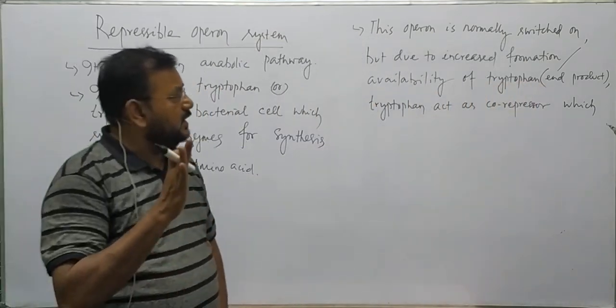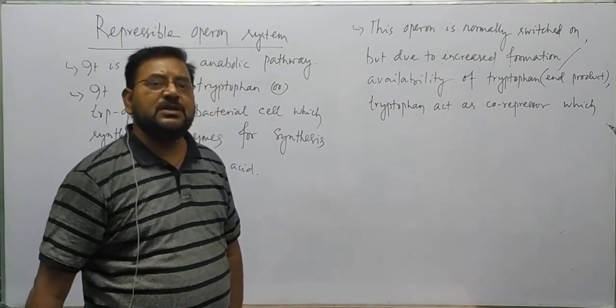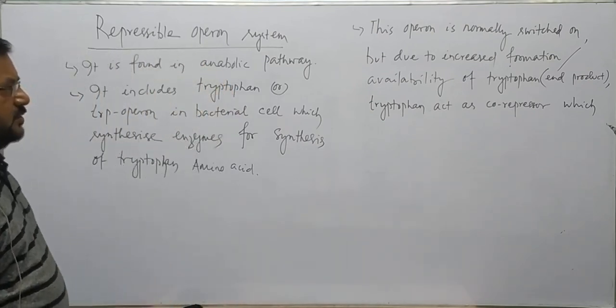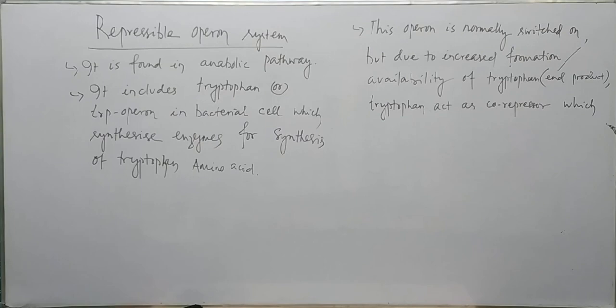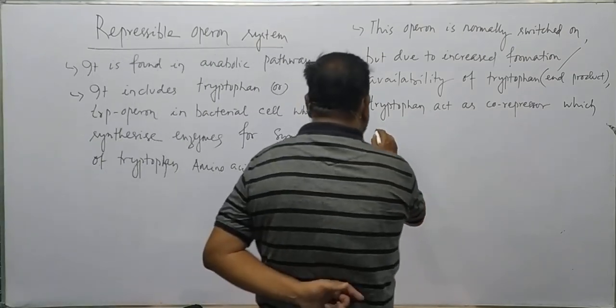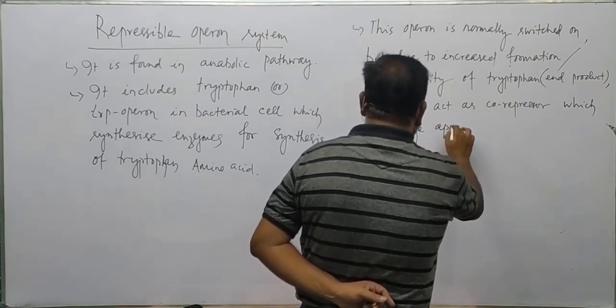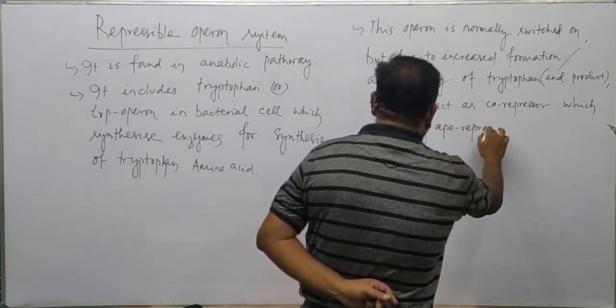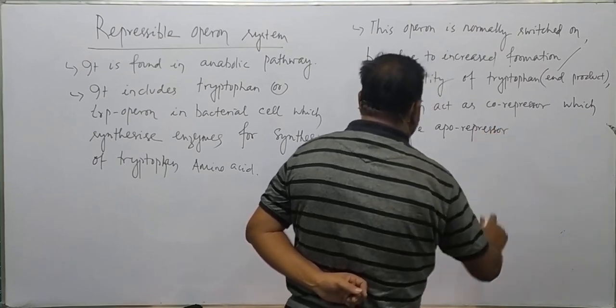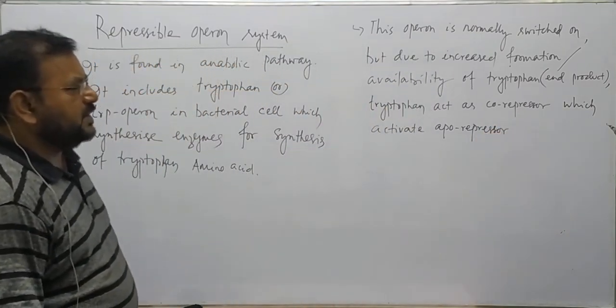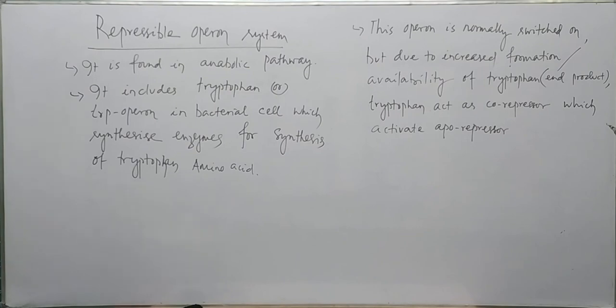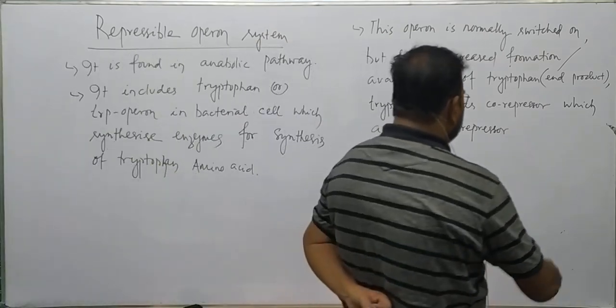So tryptophan, which is an amino acid, acts as a corepressor, which activates the aporepressor. And the operon becomes switched off.